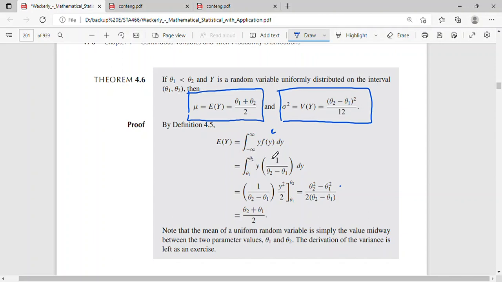So first thing first, kena multiply dulu fy dengan Y. And then kena integrate from where to where? Integrate from the interval of the function of Y, which is theta 1 and theta 2.